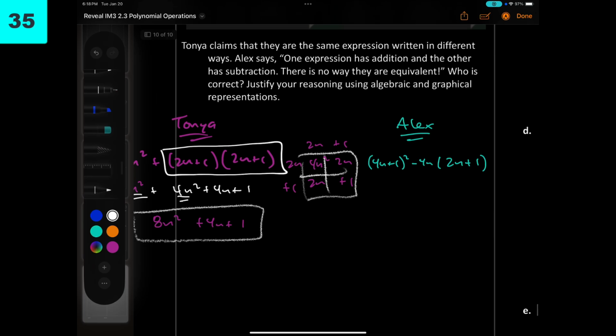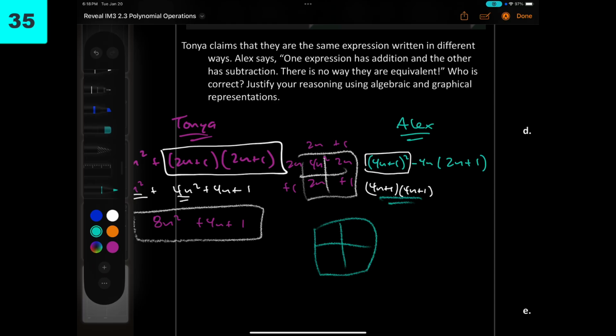Alex has this expression here, which means you have two of them by multiplication. So we're just going to multiply those two right here. First I'm going to multiply, and then I can combine like terms. So 16n squared plus 8n plus 1.